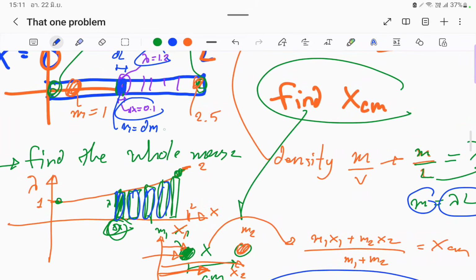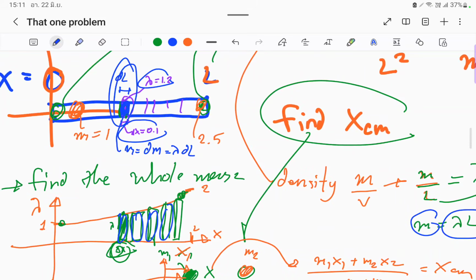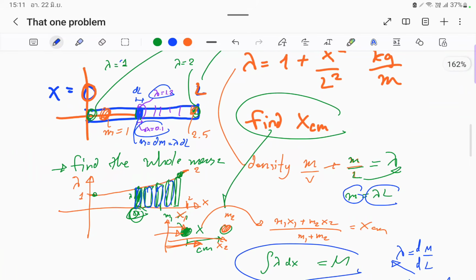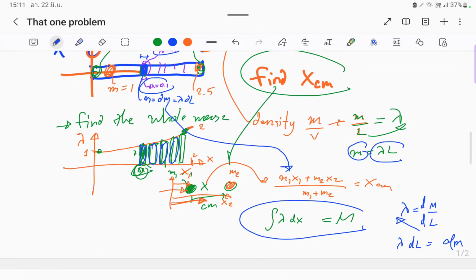So you can find the dm by using this lambda dl, and you get the mass of this specific section, which you can use for other purposes, especially this one, because in this part you need to multiply each mass in each section by the displacement in each section, so this will come in handy later, but we'll talk about that later.